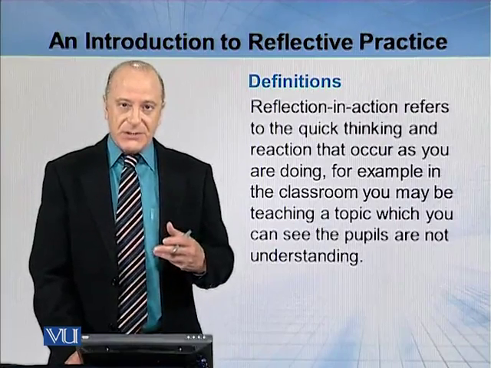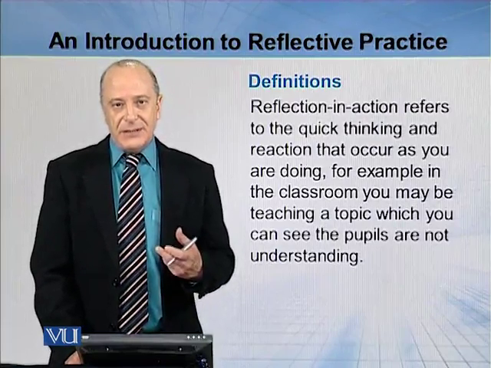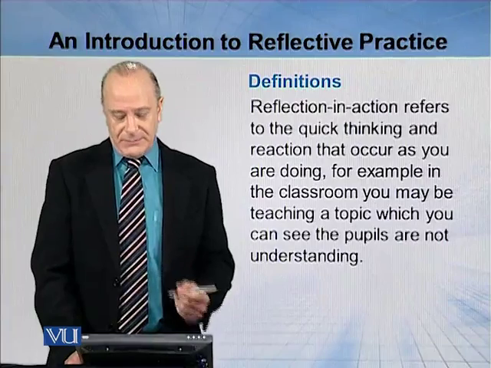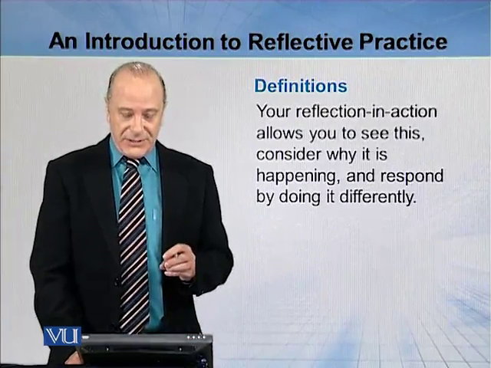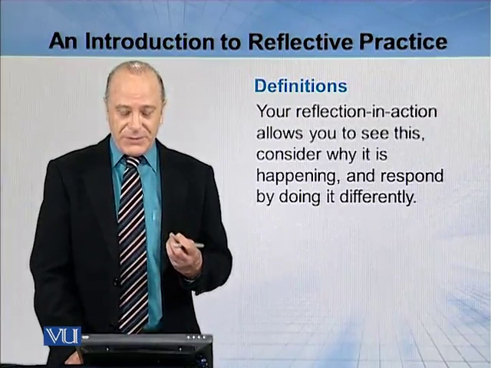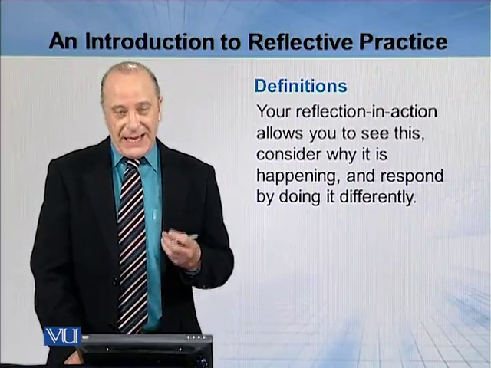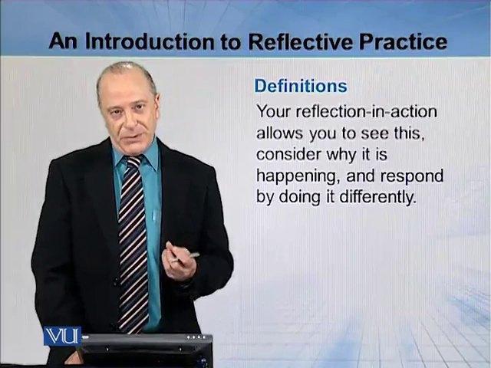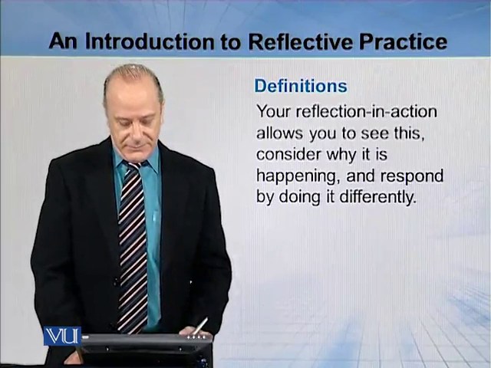It is a reflection on what the students are doing, what the students are saying, and also what the teacher is doing. Reflection in action allows the teacher to see clearly what is happening, to consider why it's happening, and then to respond, to do things differently in relation to that reflection.